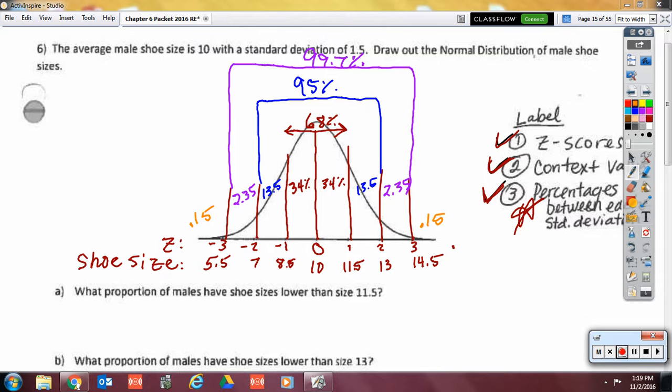What proportion of males then have shoe sizes lower than 11.5? Okay, so if we want lower than an 11.5, that's all of this section here. So I need to know how much area that is. You're just going to add up all those percentages. Now I'm going to make it easier, because I'm not going to add up 5 numbers.